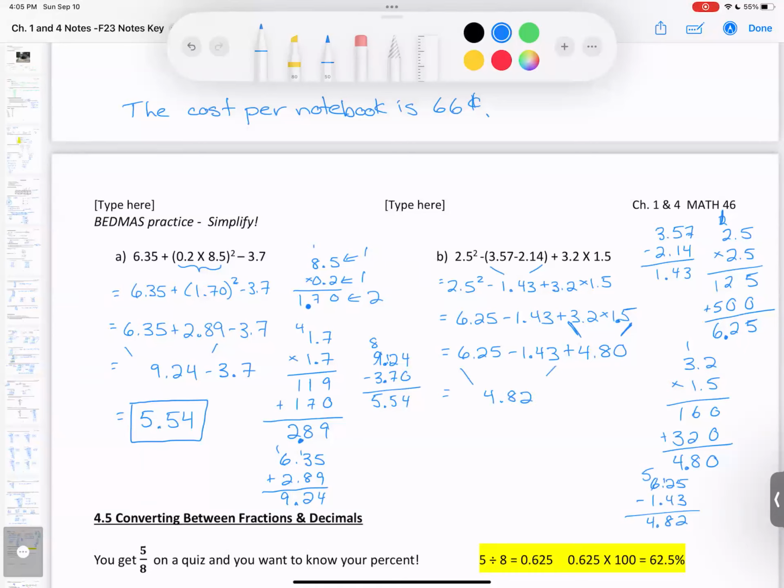It is important to do these left to right. Sometimes that will make a difference. Sometimes it won't, but good practice. And so when I do that final addition, what do I get? So I get 9 and 62 hundredths.